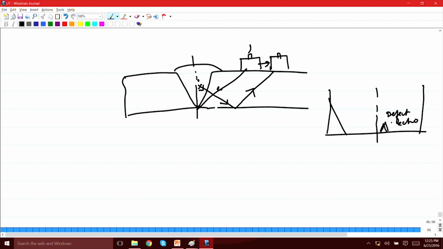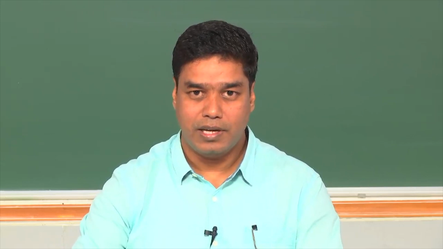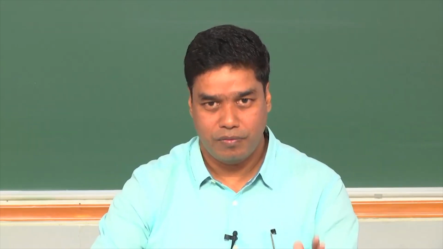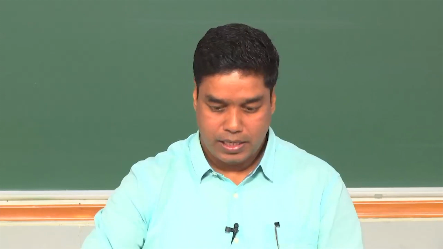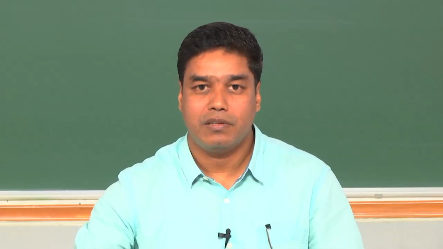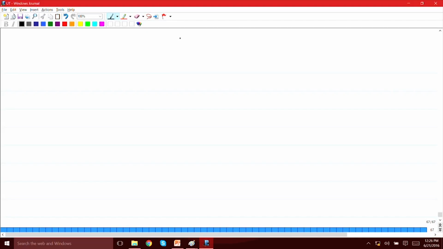Okay. So this is how the half skip distance will serve as a reference for inspection of welds by ultrasonic testing. Right. So now we will see some more applications of this particular technique, and then we can close this chapter.